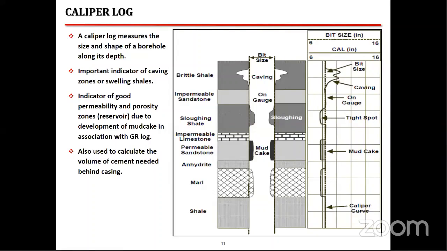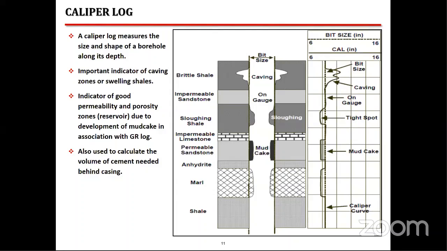How will you differentiate the tight spot and mud cake in a caliper log, as both log interpretations are the same as a vertical rectangle? See, basically, a tight spot is a situation where probably your tool gets stuck, whereas a mud cake formation is separate. A mud cake forms along the wall of your wellbore in a permeable formation like a permeable sandstone or a limestone, whereas a tight spot can also occur when you're drilling through a shale and the shale is swelling because of the use of water-based mud.